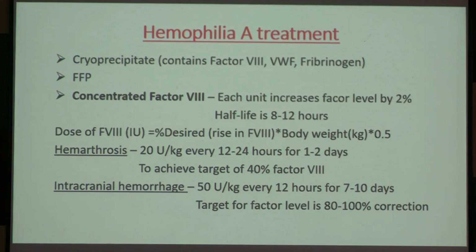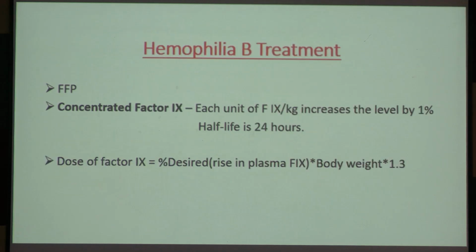Cryoprecipitate is only helpful for hemophilia A. And concentrated factor 9 dose is the percentage of desired level multiplied by body weight multiplied by 1.3. Each unit of factor 9 per kg increases the factor level by 1%. In hemophilia A, it was 2%.